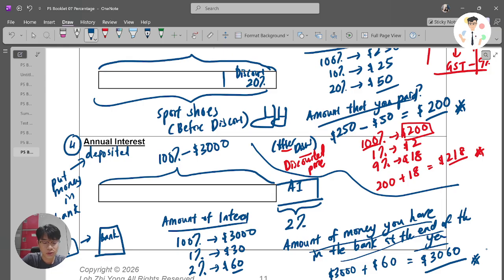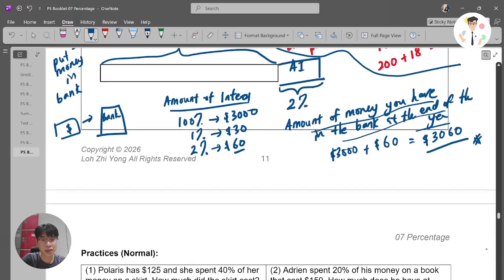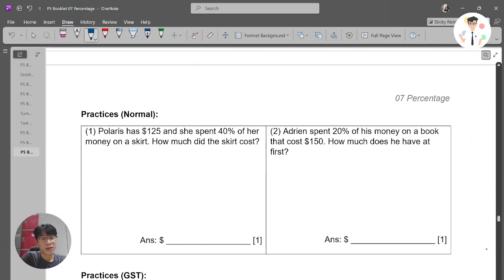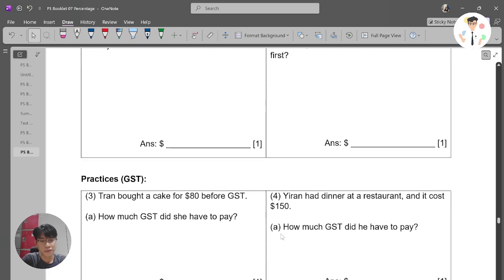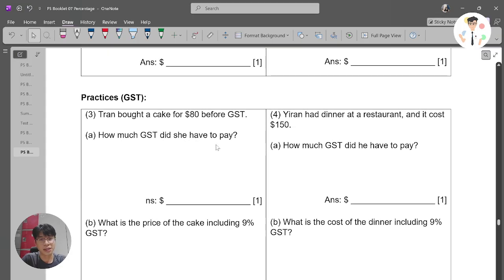Okay, so let's look at some of the examples that you will see. I've split them into practices for normal, GST, interest, and so on, so you can see. For example, $125, spend 40%, how much should it cost? Take a look here. About GST, $80, how much is the GST?